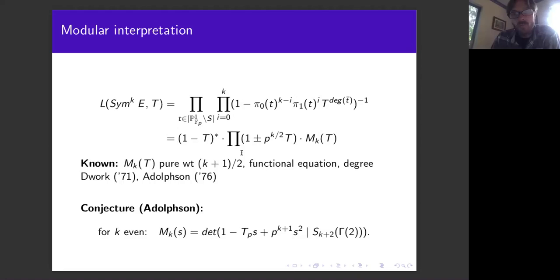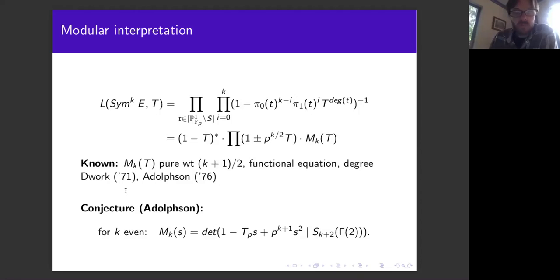Again, this is known. It's known how many pluses and minuses there are. It depends on the supersingular points and p. And then we have this factor here, mk of t. And mk of t is known to be pure of weight k plus 1 over 2. It satisfies a functional equation. Its degree is known.